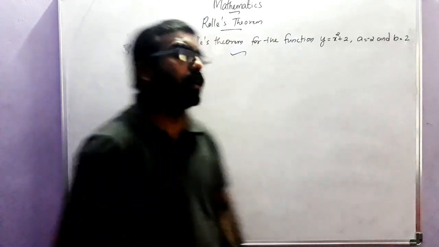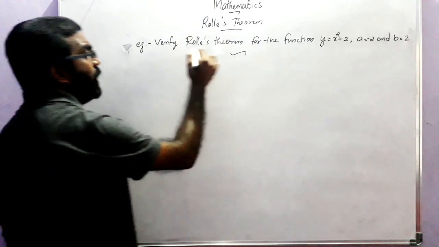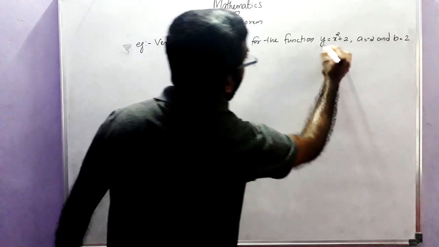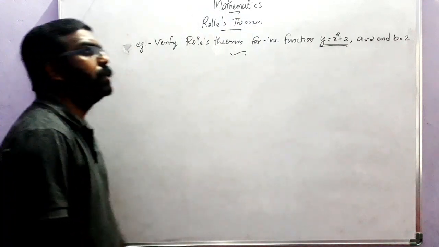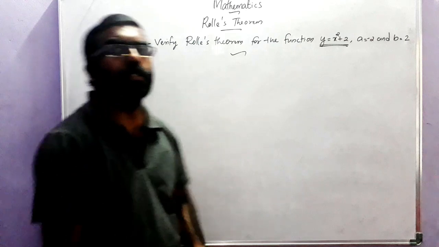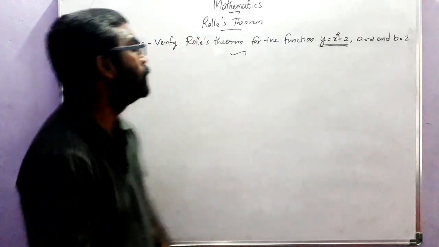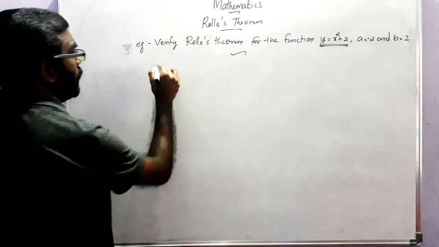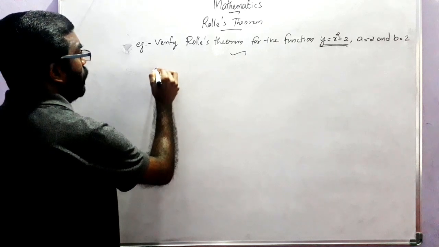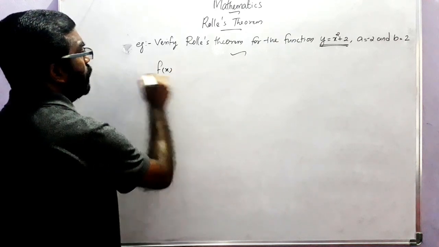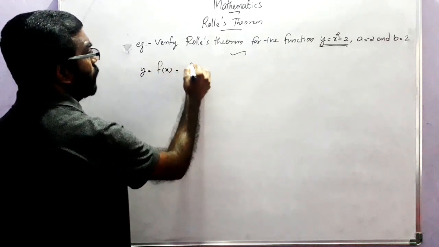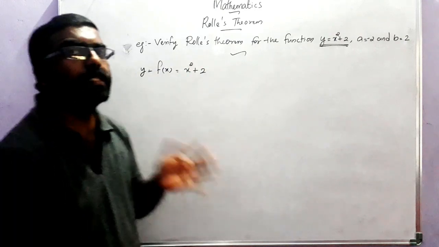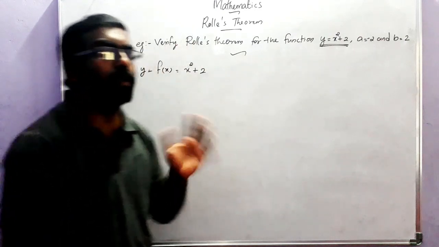Now look at this example. Here the question is, verify Rolle's theorem for the function y is equal to x square plus 2, a is equal to minus 2 and b is equal to 2. So first of all we can write the function, y is equal to f of x is equal to x square plus 2. Since it is a polynomial, it is continuous everywhere.